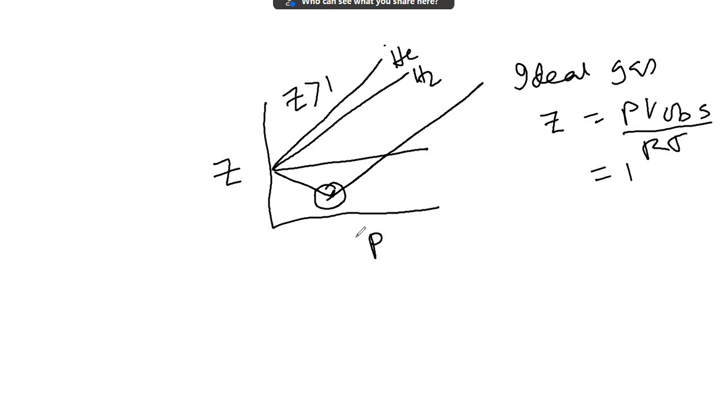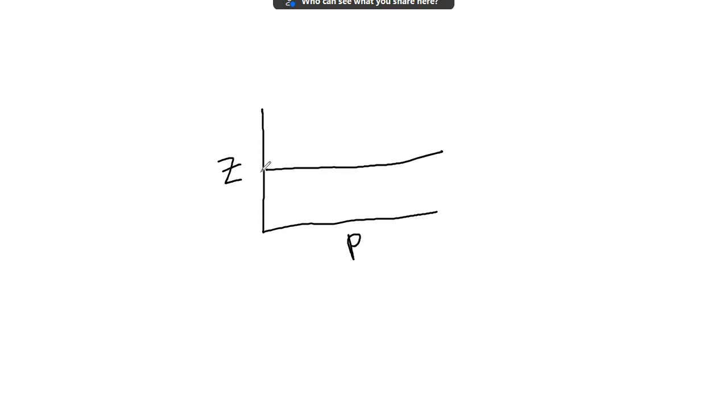When Z is plotted against P at different temperatures, what happens? For an ideal gas it is 1. For a real gas, let it be at a temperature T1.